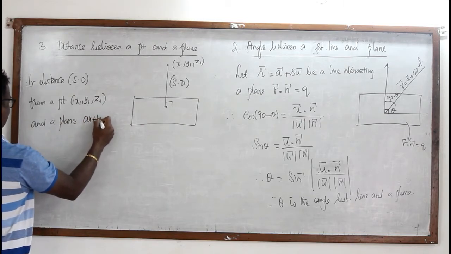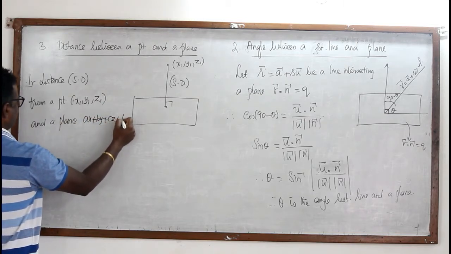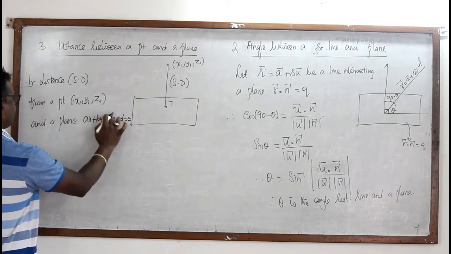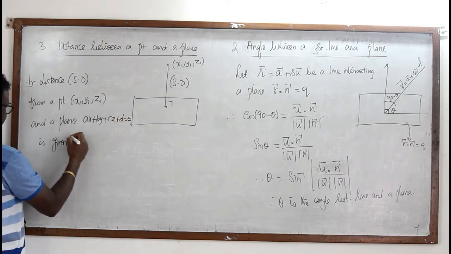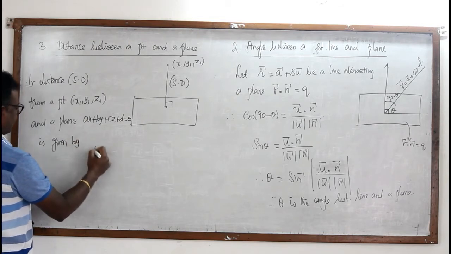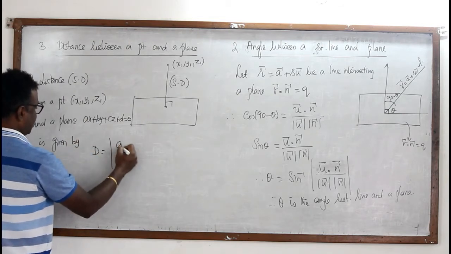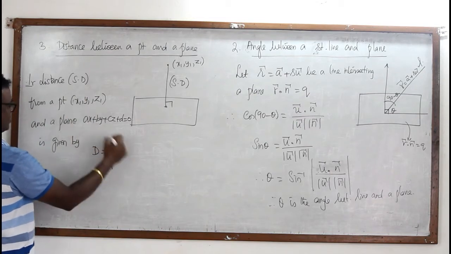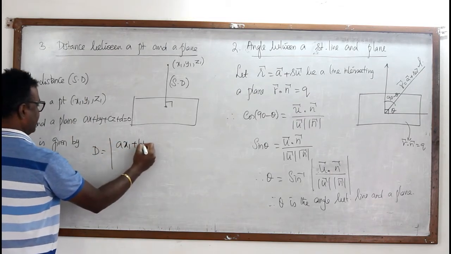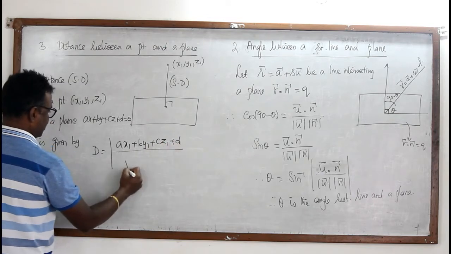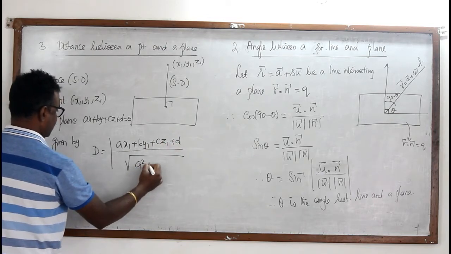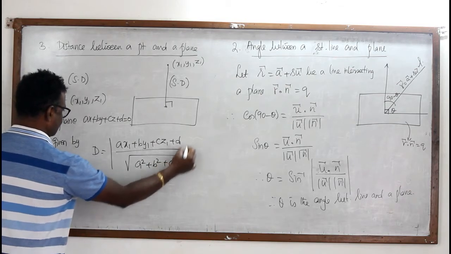ax plus by plus cz plus d equal to 0 is given by, as we already studied, distance equal to a into x1 plus b into y1 plus c into z1 plus d, by root of a square plus b square plus c square.